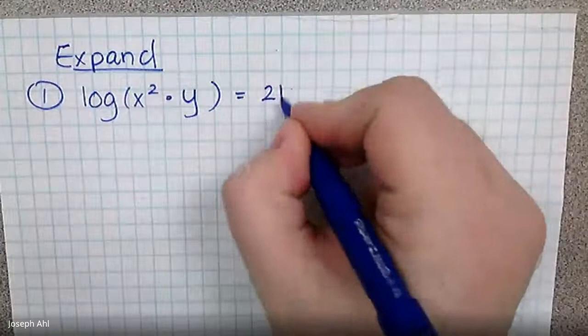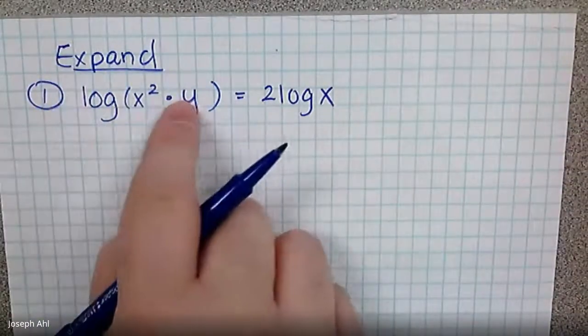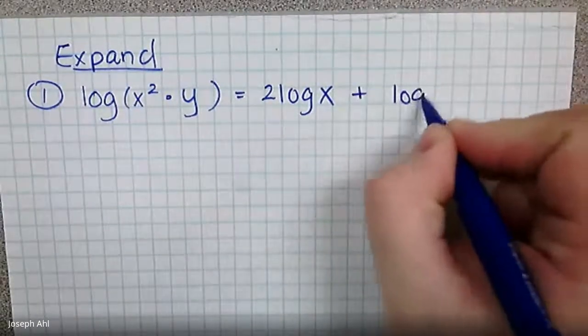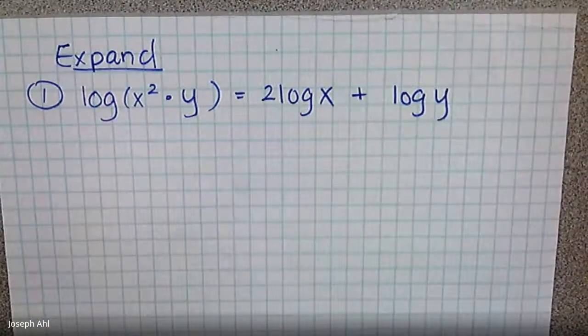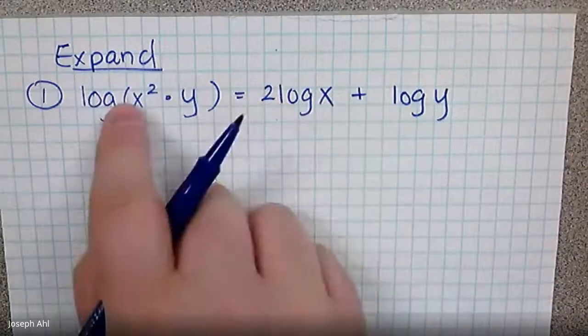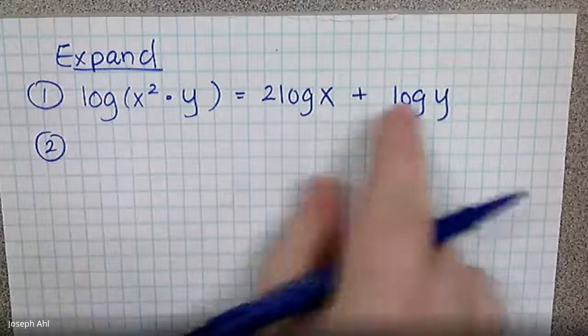So this is going to be written as 2 log of x. Power comes out front. Multiplication in the next step splits up into addition, so plus log of y. And that is the expansion for this expression on the left side. Make sure the 2 just belongs to the x, because only the x is being squared in there. We don't want to make it belong to both terms.